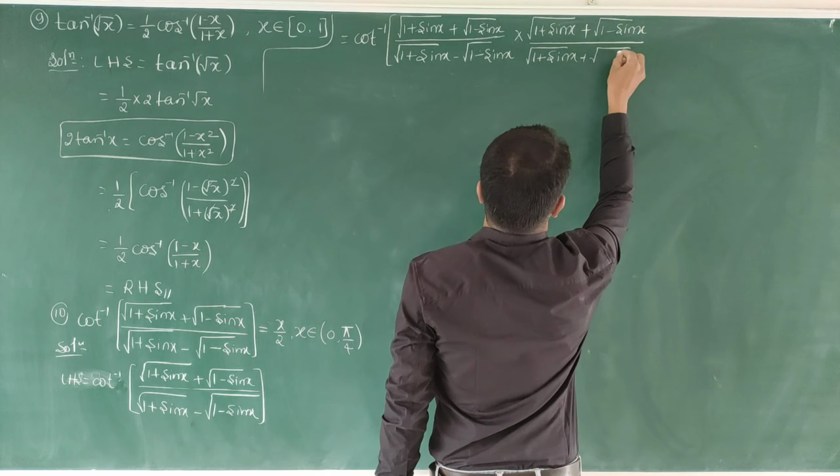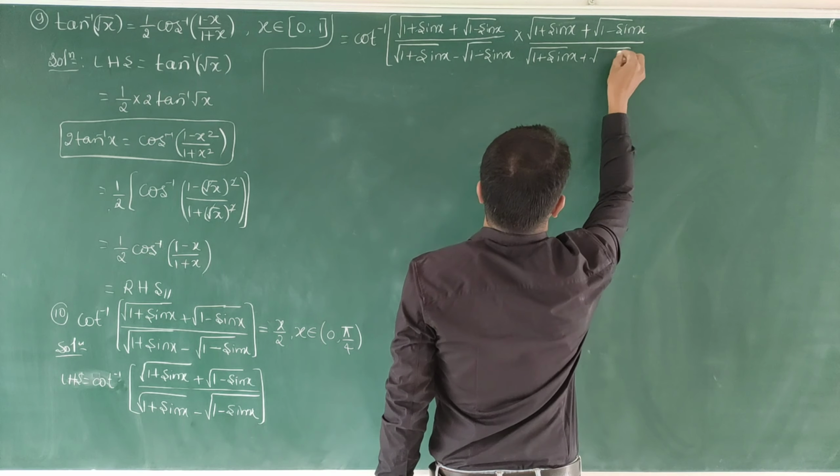Complete the bracket. Rationalization I am doing: it is equal to cot inverse of, see, this is x plus y into x plus y, so it will be x plus y whole square, that is root 1 plus sin x plus root 1 minus sin x bracket square, upon a minus b into a plus b.